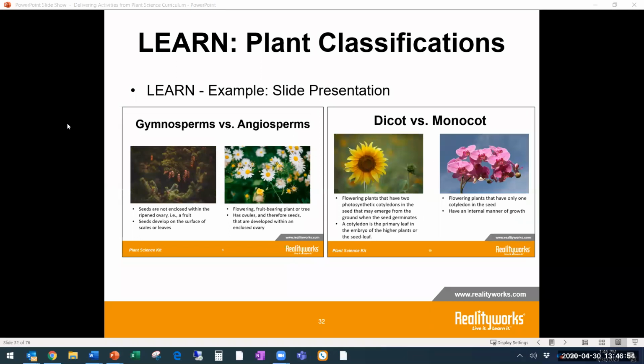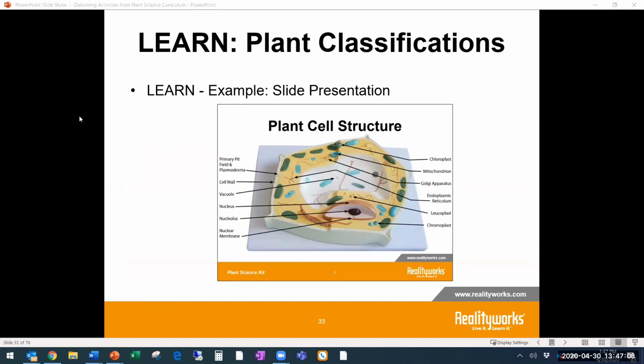We have a whole list of great visuals and teaching opportunities for your students to learn about each different kind of classification and why it's important to have those classifications. Then it breaks down even farther into the plant cell structure, the structure of a flower, the structure of a plant, and going through that.